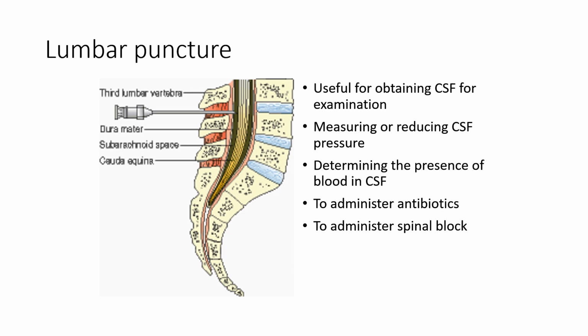Some of the diagnoses you might see a lumbar puncture ordered for would be multiple sclerosis, meningitis, cancer, and they would take a small amount of fluid and analyze that and be able to sometimes provide a diagnosis.